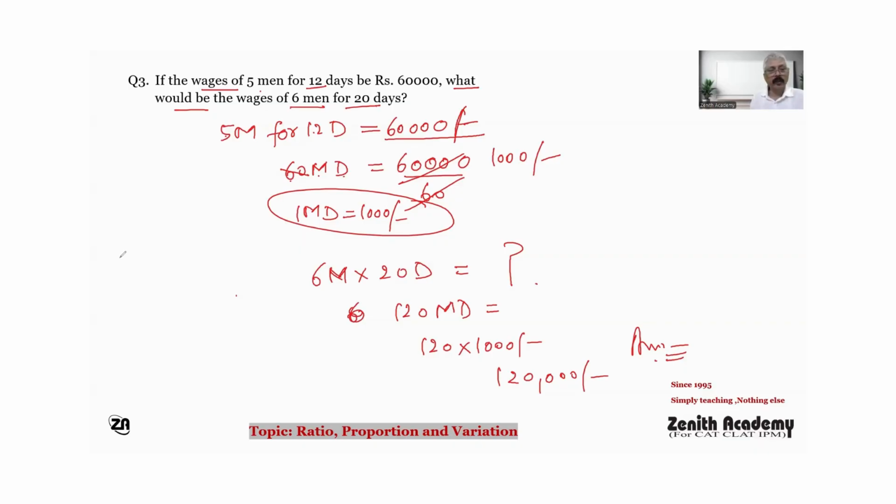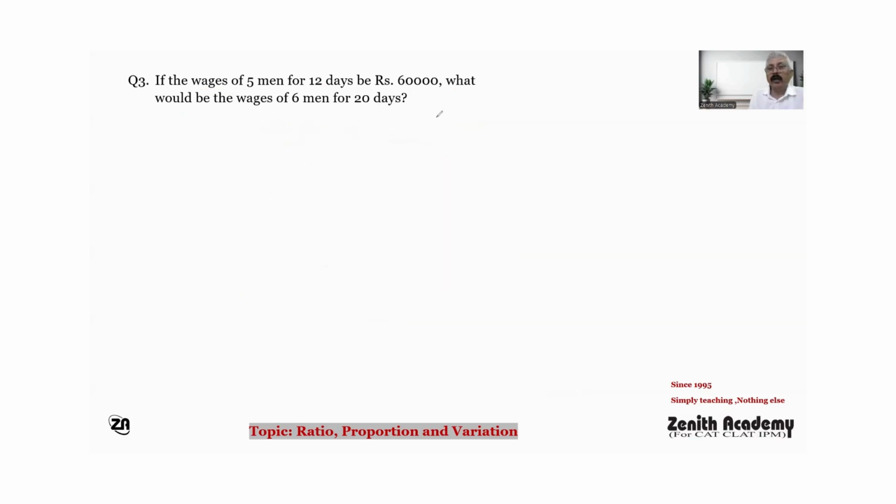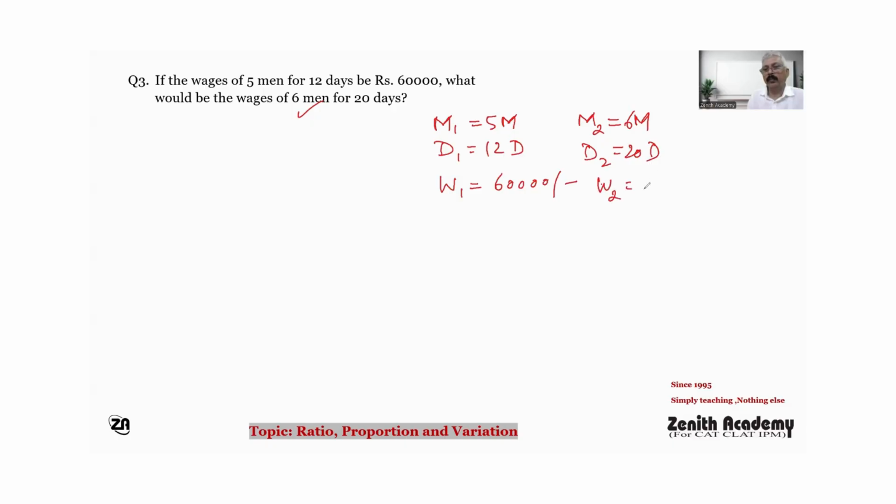And second, as I said, the formula. M1 is 5, D1 is 12 days. And for them, W1 you can take as the total wage, 60,000 rupees. M2 in the second case is 6 men, and D2 is 20 days, and W2 is required.